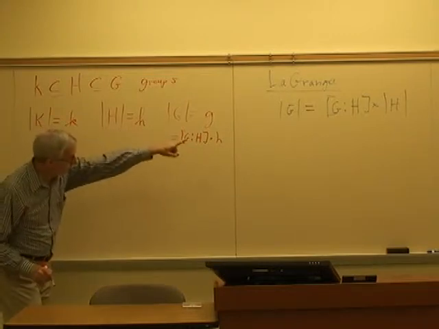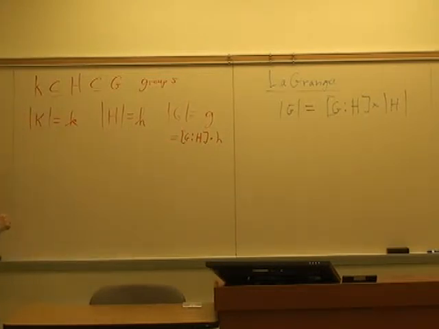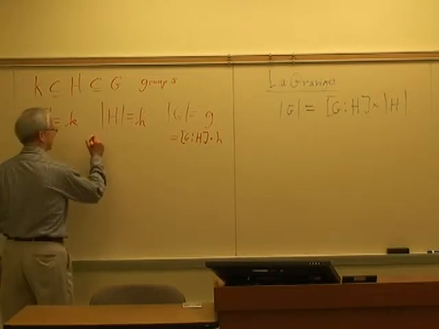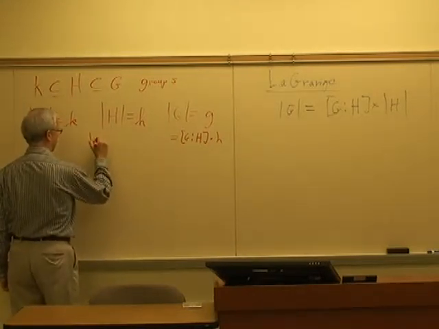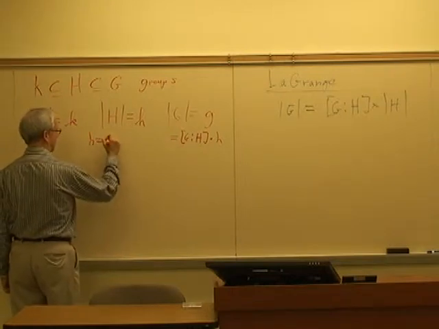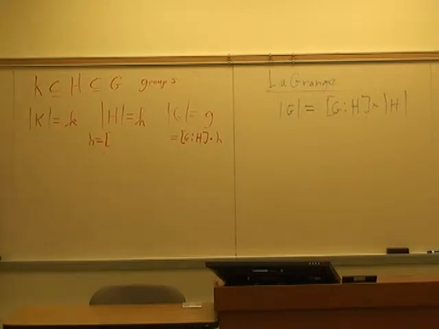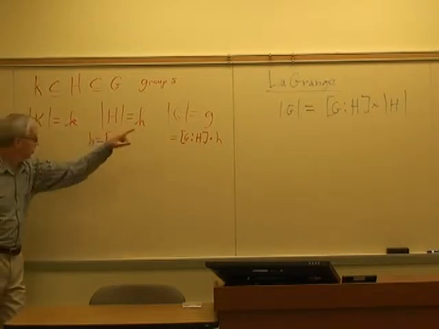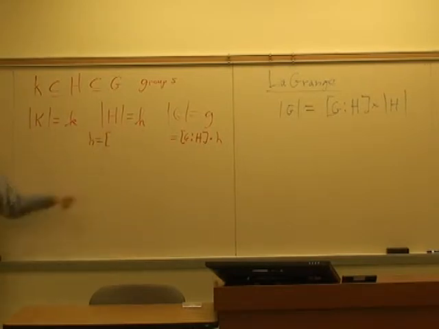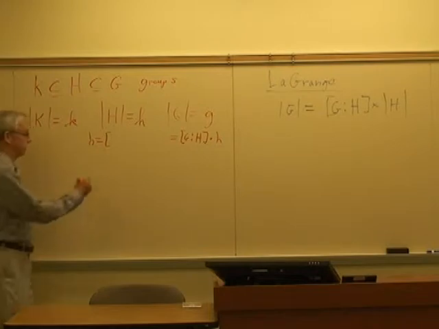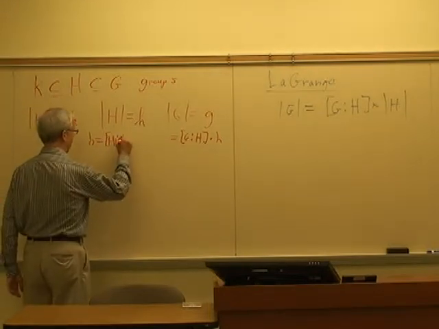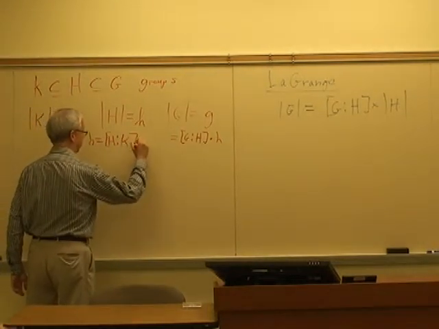But by the same theorem, by Lagrange's theorem, applied to groups of finite size, h must equal what? The size of this group, applying the same theorem to H and K, must be the index in H of K times k, right?